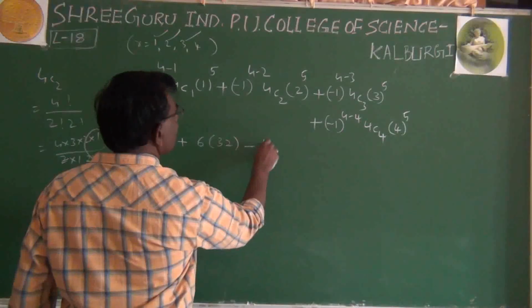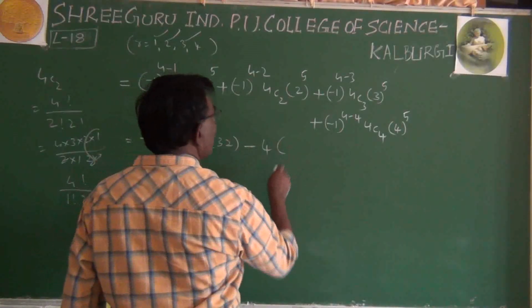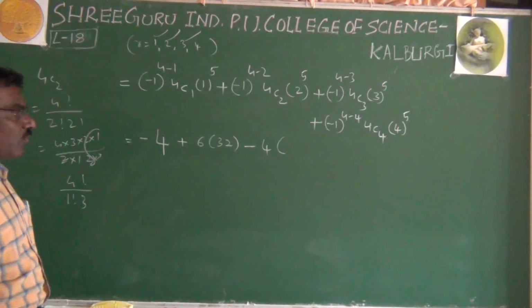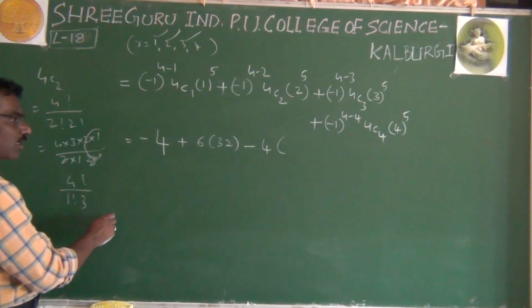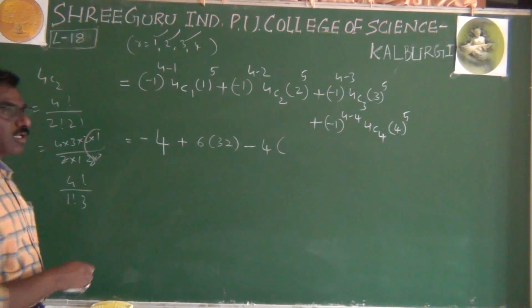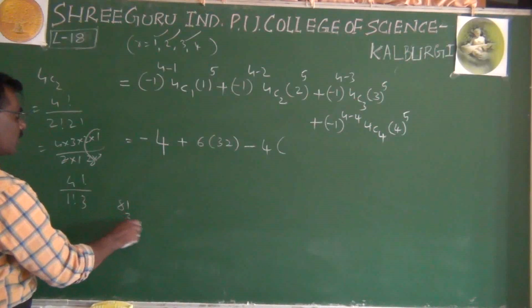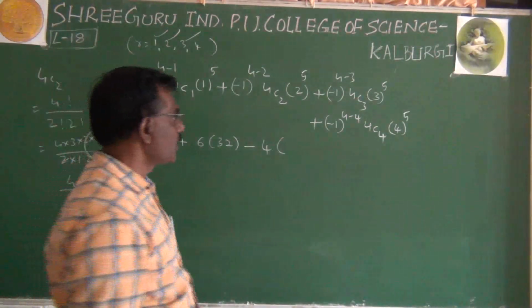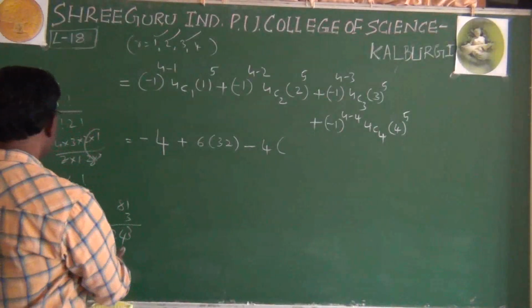Then 3 to the power 5. 3 to the power 4 is 81, and 81 into 3 is 243.